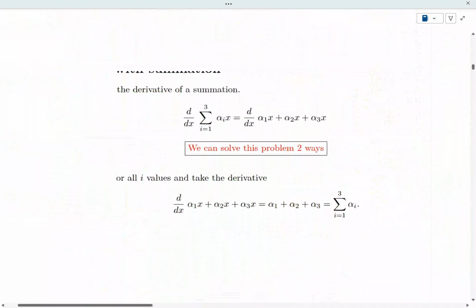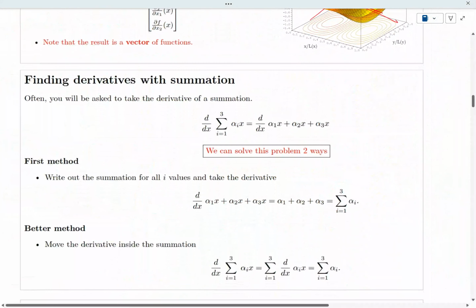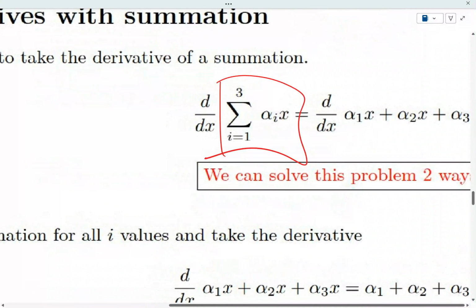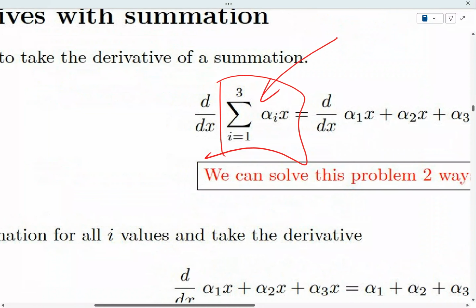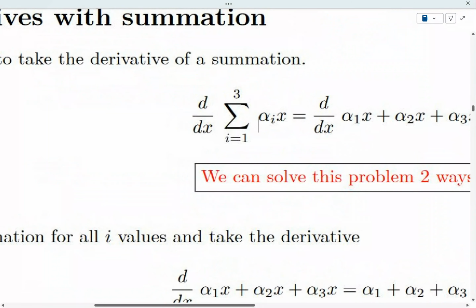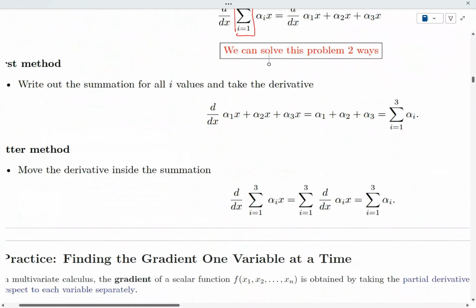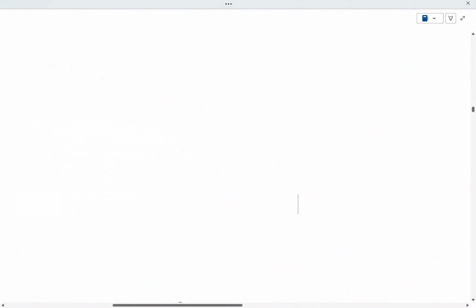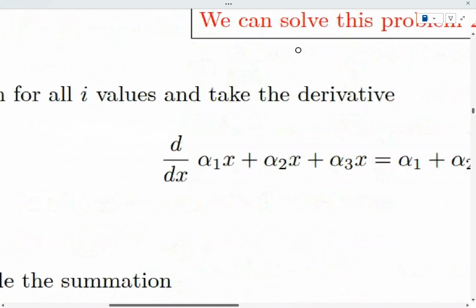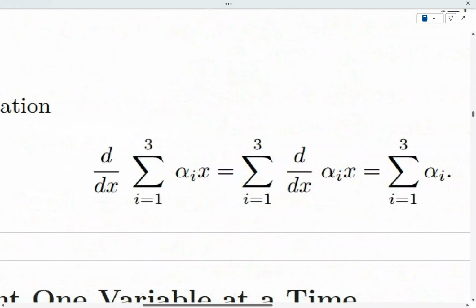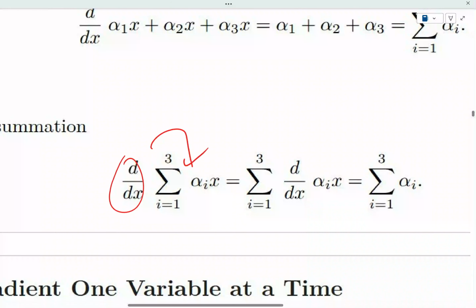All right. Very quick on finding a derivative when you have summations. Let's say you are trying to find a derivative of the sum, right? Well, a really useful trick for you to realize is that you can simply move the derivative inside. Right? So if you move the derivative inside the sum, you can ignore the sum for now.